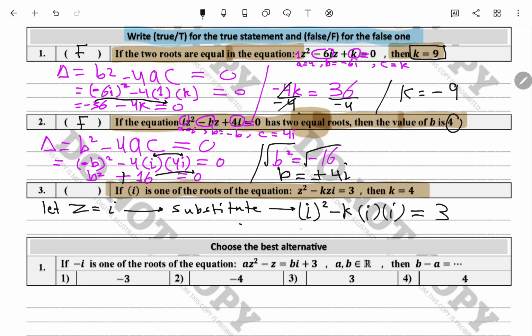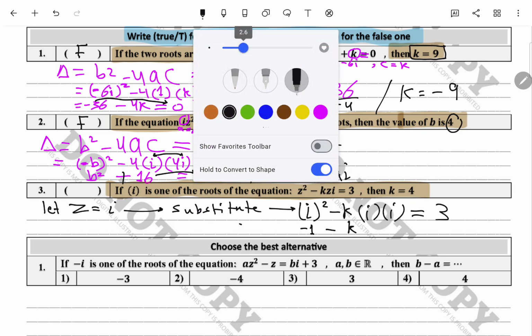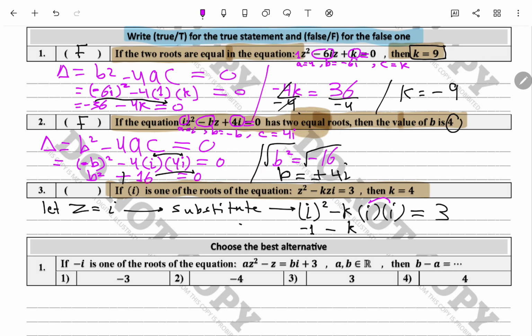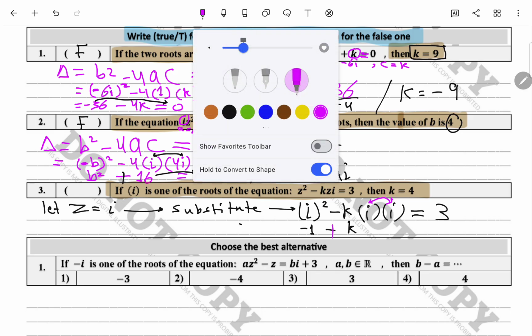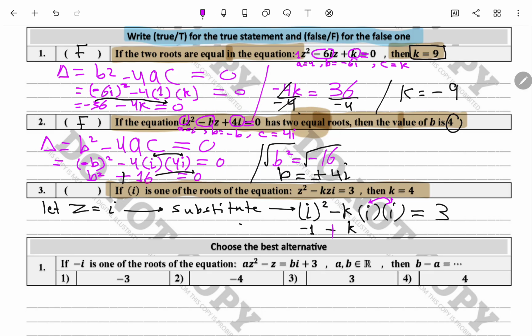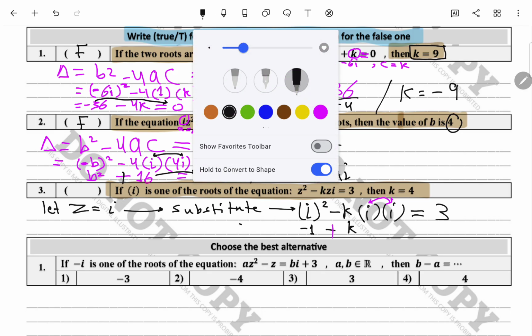i squared is negative 1 minus k, and then i times i is going to be i squared, and i squared will be negative, so negative by negative is positive 1, and that all equals 3.